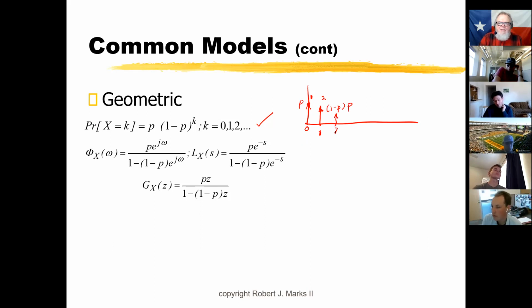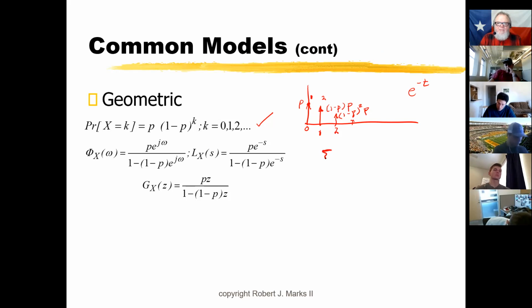To have it for the second, the third pull of the trigger, you have to fail twice, and then you succeed. And so this is kind of like an e to the minus t, if you will. This is the discrete equivalent of an e to the minus t as it trails off and eventually goes to 0. So what we'd like to do is generate the characteristic function for this.